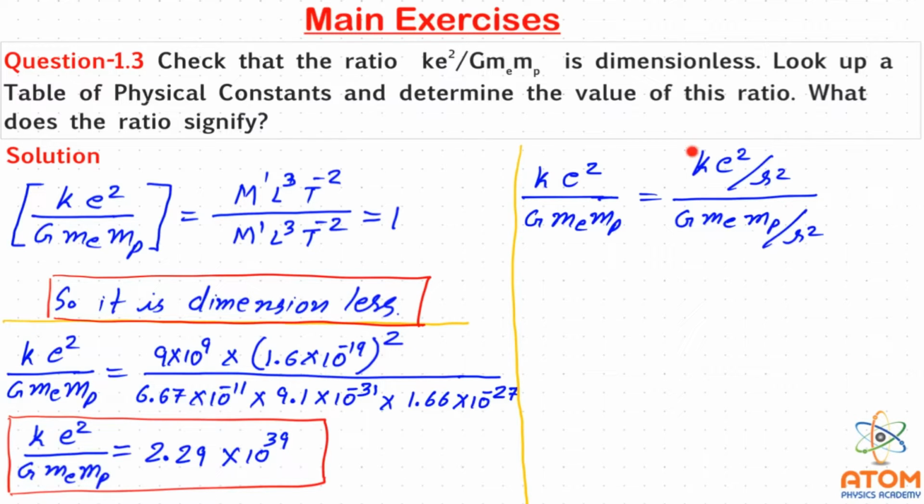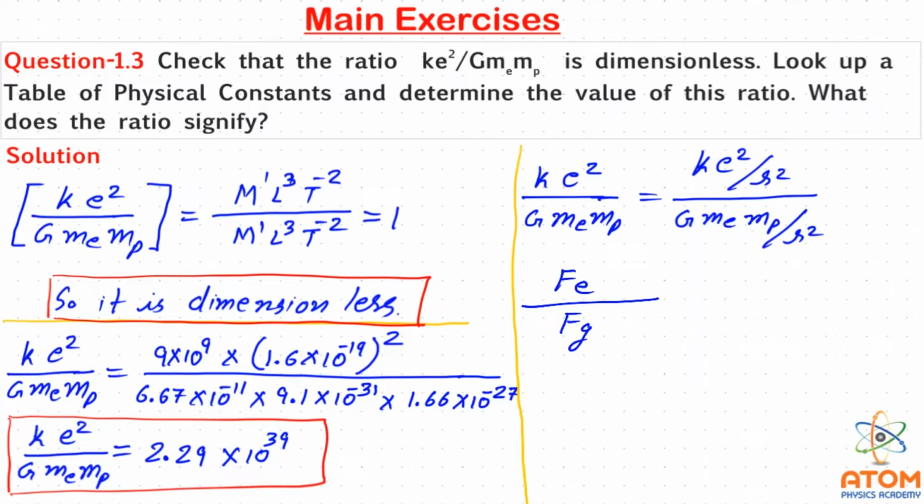But now this becomes the Coulombian force, or say electric force, and this is the gravitational force. So this is a ratio of electric force and gravitational force. So let me put it like that: Fe upon Fg.